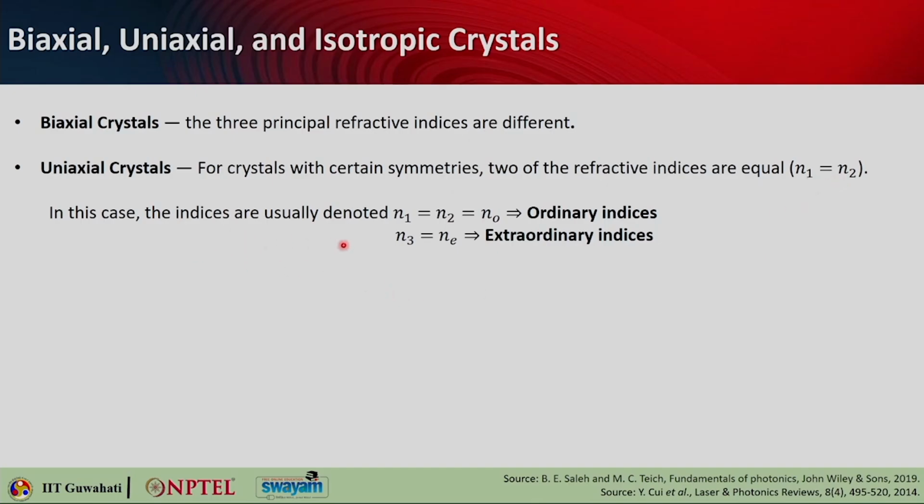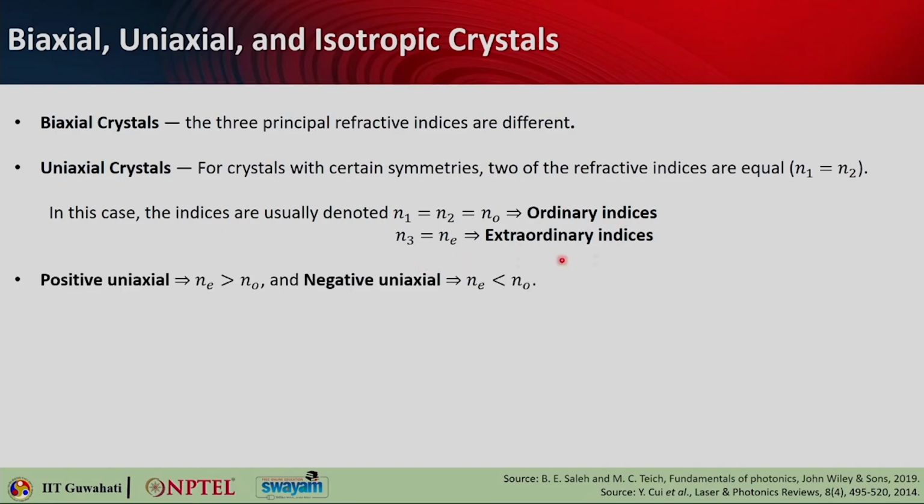In that case, the indices are denoted like this: n1 equals n2 is written as n_o, the ordinary index, and n3 is n_e, the extraordinary index.